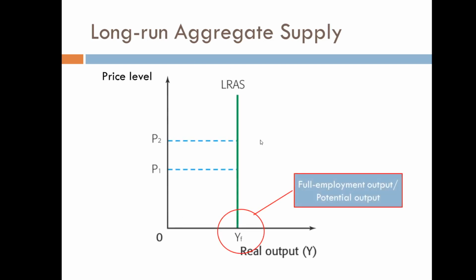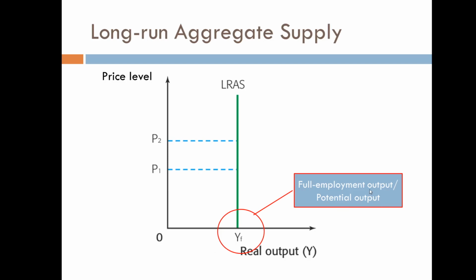It doesn't make any sense at all. It's a vertical LRAS curve. But the idea here is, listen to this. What neoclassical economists believe is, in the long run, the economy will get to a point where they will achieve potential output.